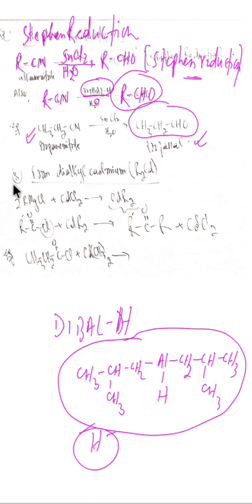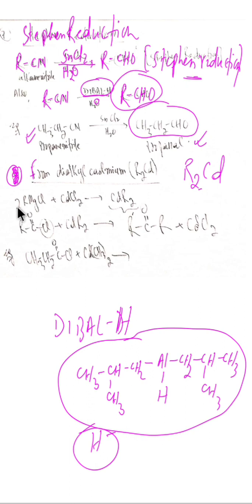The last one is preparation of ketone from dialkyl cadmium. Dialkyl cadmium means R2Cd. From dialkyl cadmium we can prepare ketone.